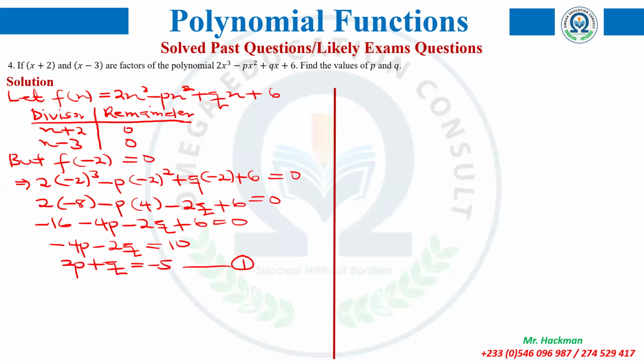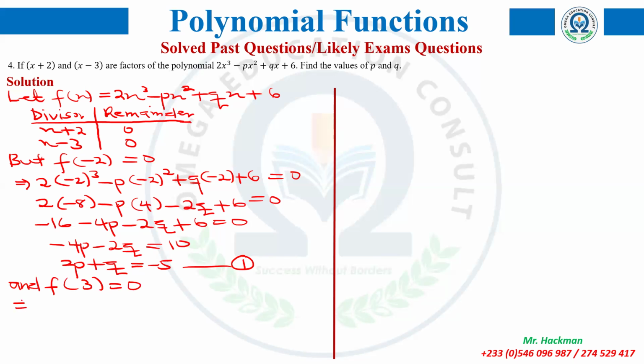Yes. Then I come to my second information, and here f of 3 should give me 0. Yes, of course, f of 3 should be equal to 0. So you are going to use this information also to generate your second equation.